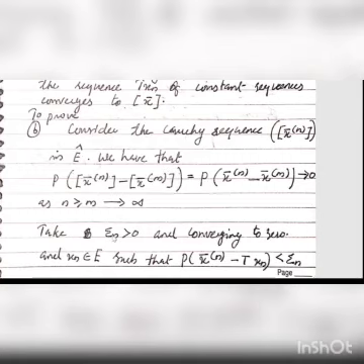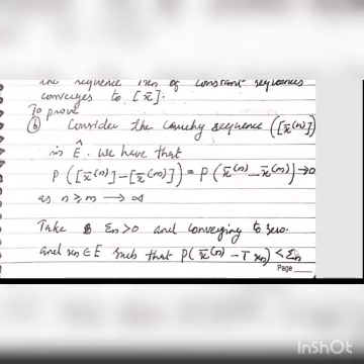Now take an epsilon n greater than 0 and converging to 0. That means we are having a sequence of positive terms which converges to 0. That means 1 by n you can take. So, x_n belongs to E such that p of x bar n minus T of x_n is less than epsilon n.